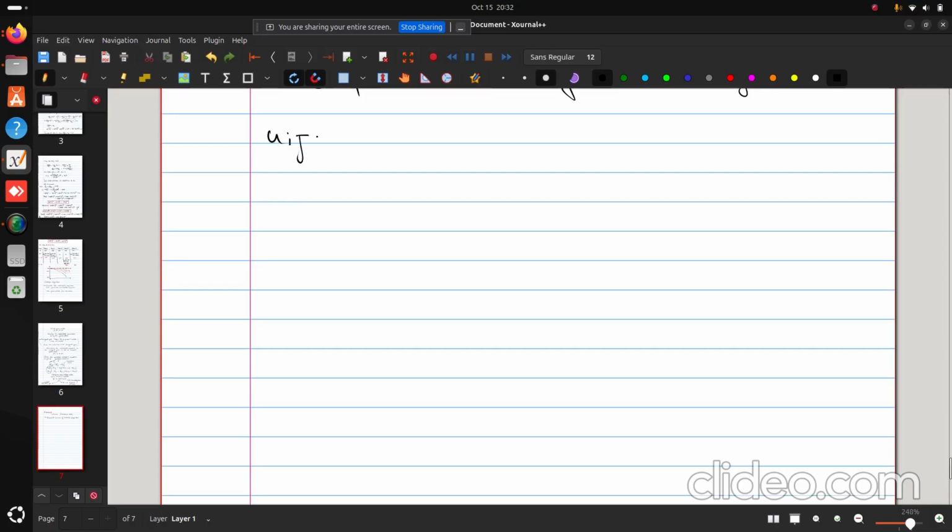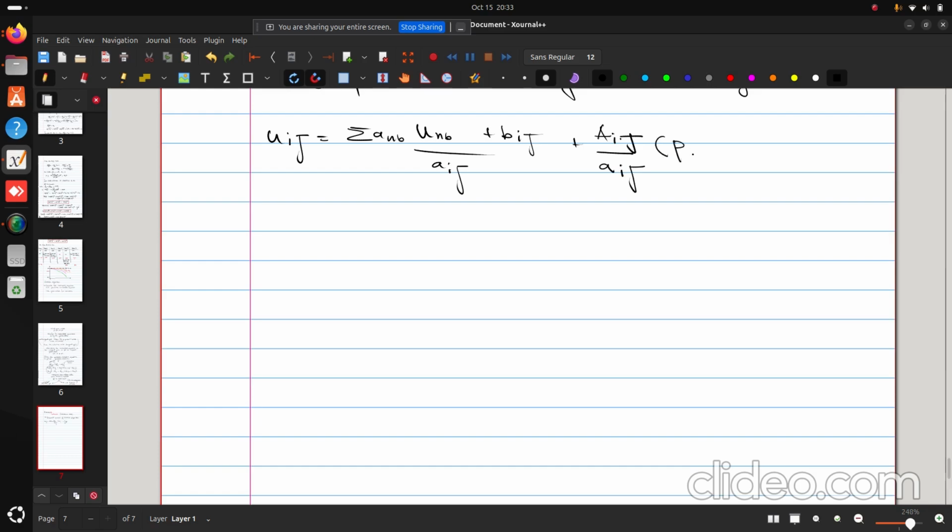U small i capital J equals summation a_nb u_nb plus b small i capital J divided by a small i capital J, plus A small i capital J divided by a small i capital J times P capital I minus 1 capital J minus P capital I capital J. Okay, and similarly we'll have the terms for the V velocity.